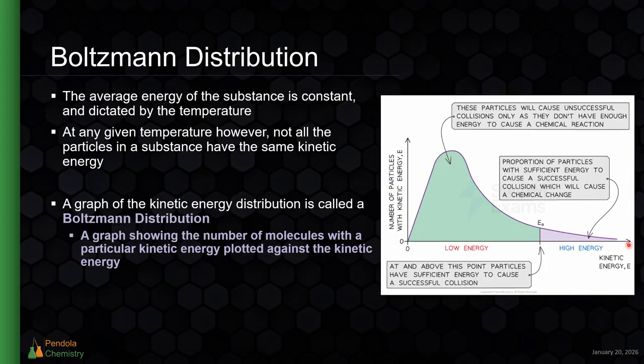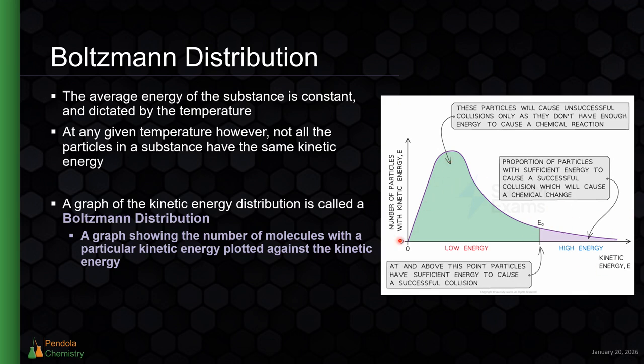And the x-axis is the kinetic energy of the particles, meaning that the farther to the right we go, the higher the kinetic energy. So the shape of this graph shows us how many molecules have a particular kinetic energy, and how many molecules have a low kinetic energy versus a high one.